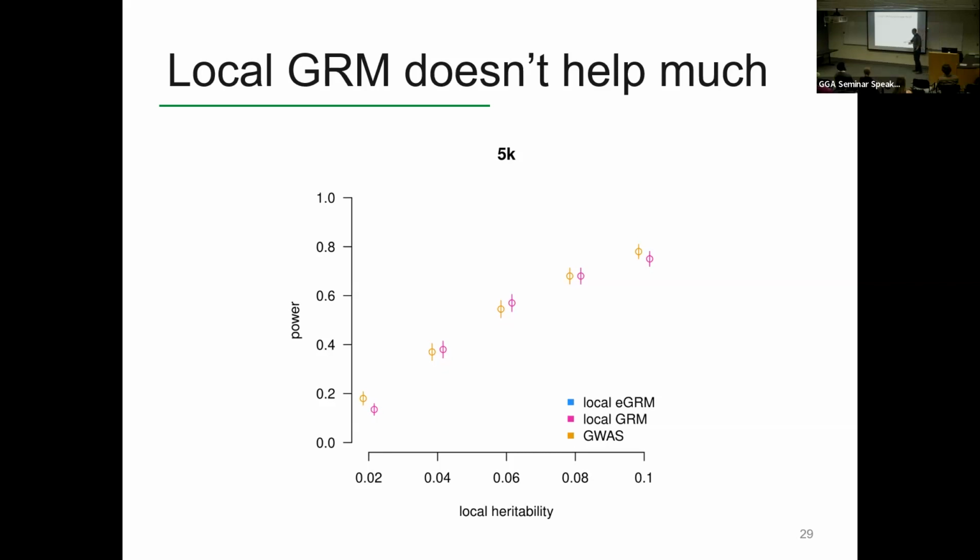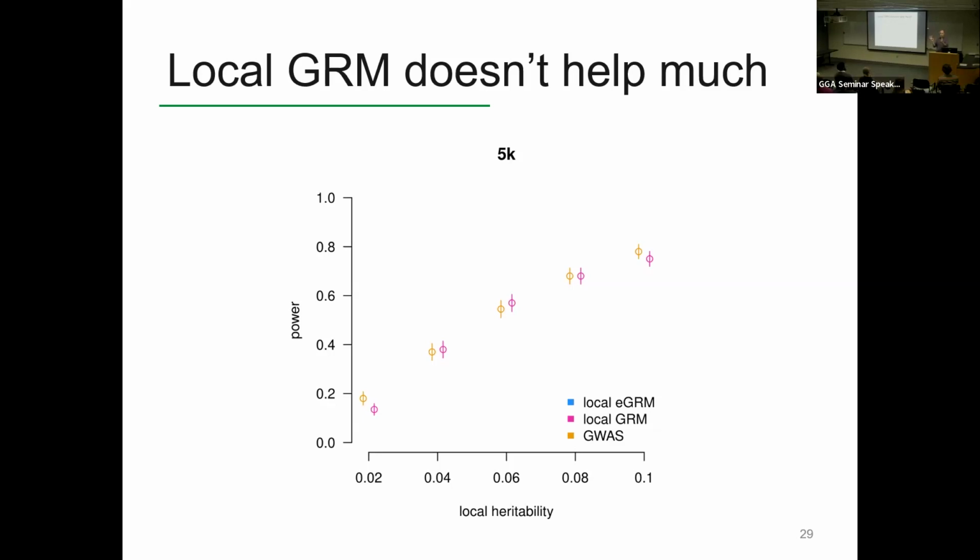The x-axis here is essentially the effect size of the window on the phenotype, and the y-axis is the power of the method. GWAS is in gold, and what I'm showing you in pink is a local variance component method built from the actual mutations observed in that 5 kb window.